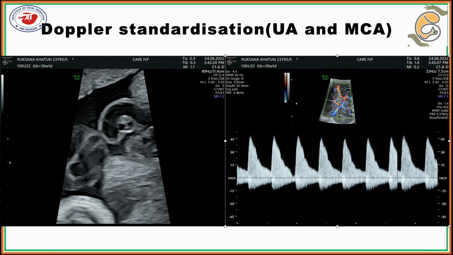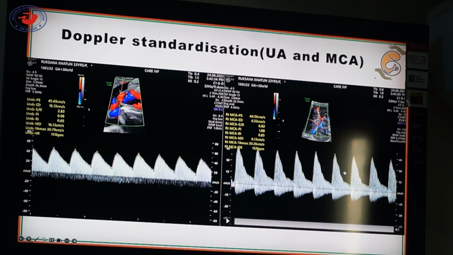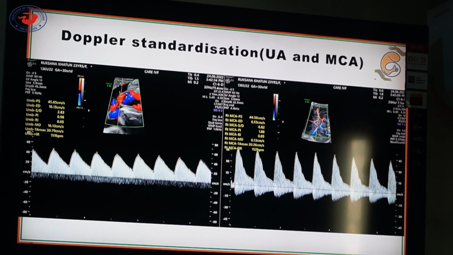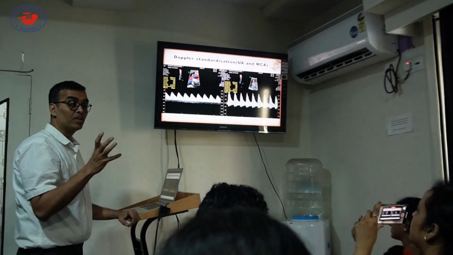And in the middle cerebral artery, that angle is very important. You have to be as close to 0 degree and get your waveform, and then based on that you can do auto tracing. If the baby or mother is breathing too much, because the biggest hindrance in all this is breathing artifact, if she is not able to hold her breath, or the baby is moving here and there, it is difficult sometimes.